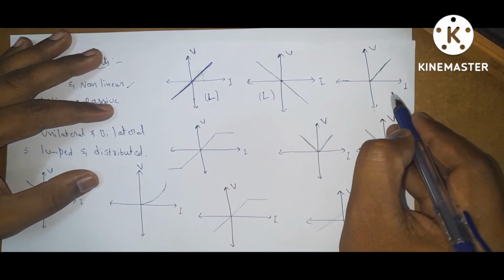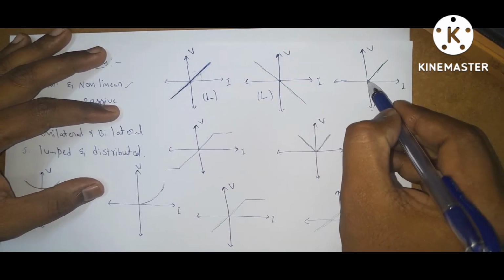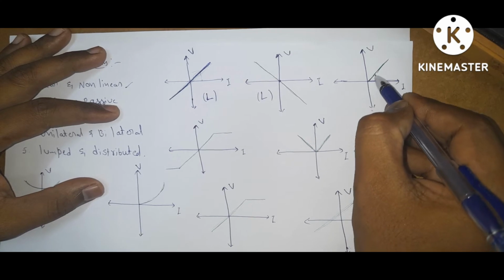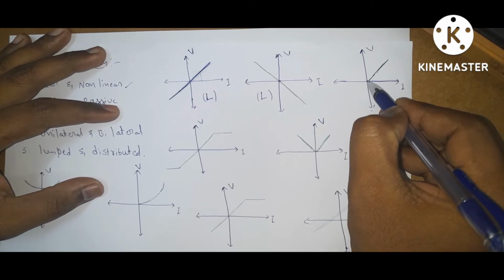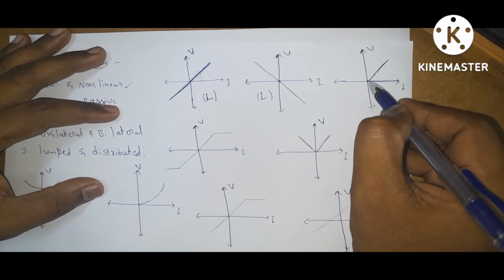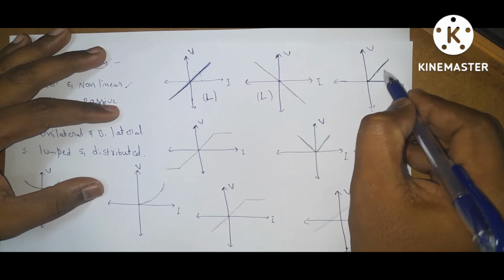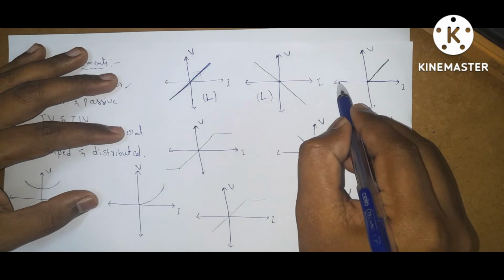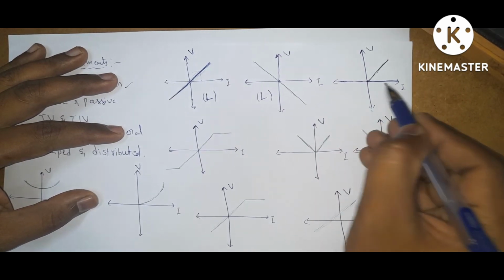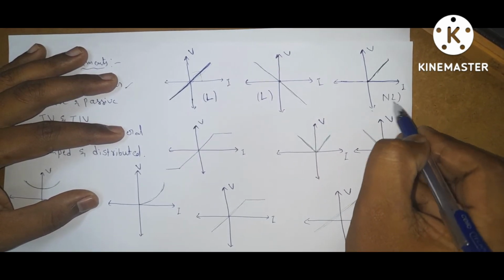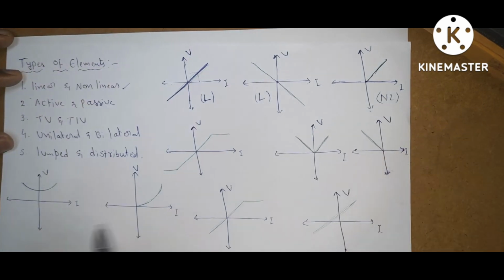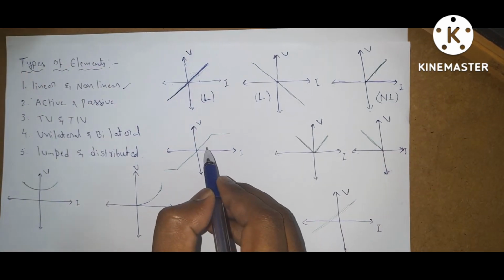Coming to here, for positive values of current, it is linear. It touches the origin but is not passing through the origin, but up to this portion it is linear. For negative values of current, there is no slope here, so it is non-linear. Next one, observe this graph.